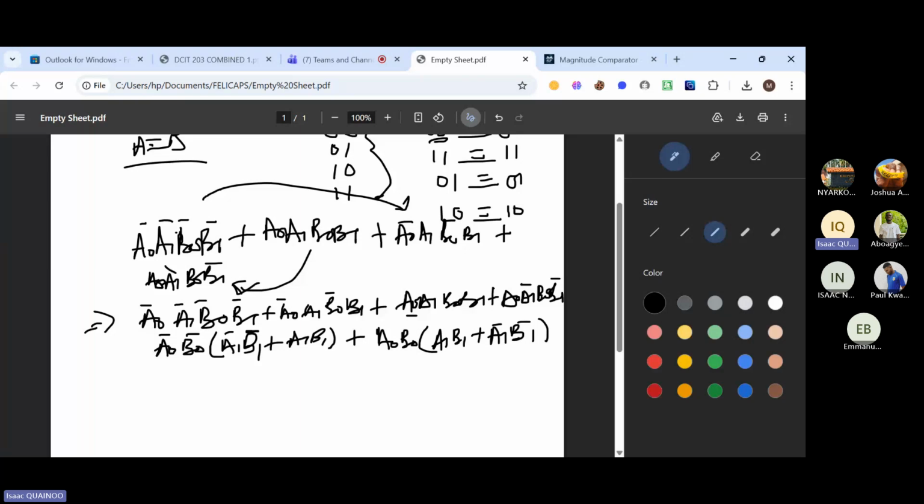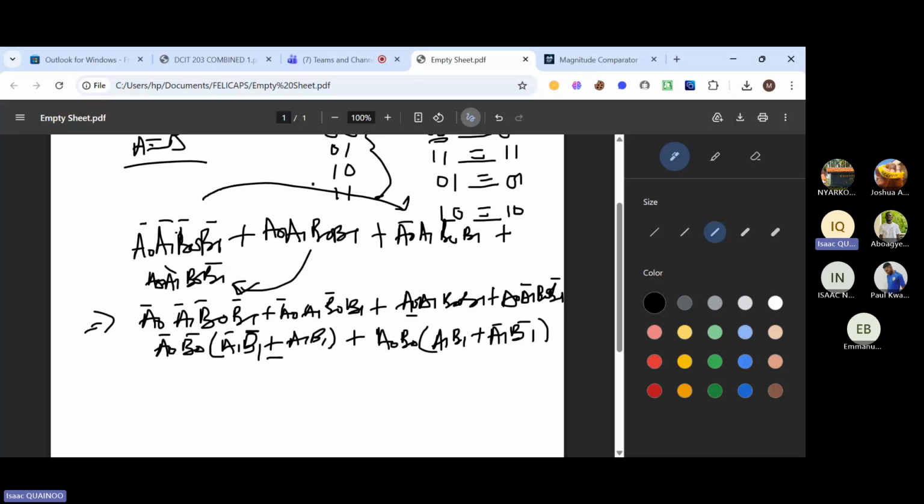So now this is what we have currently. With the values in our brackets, I believe this looks familiar.